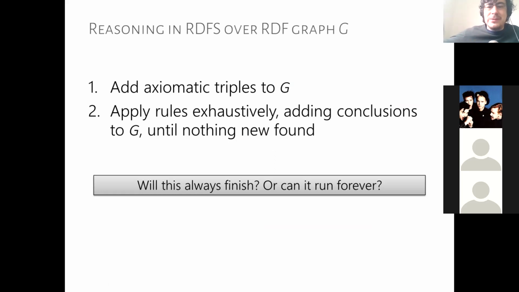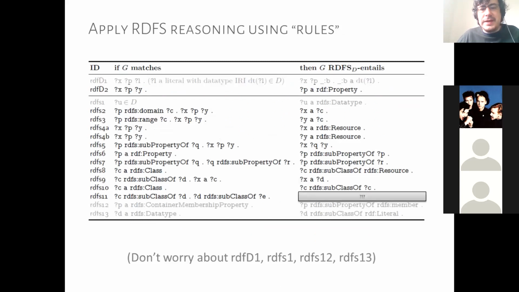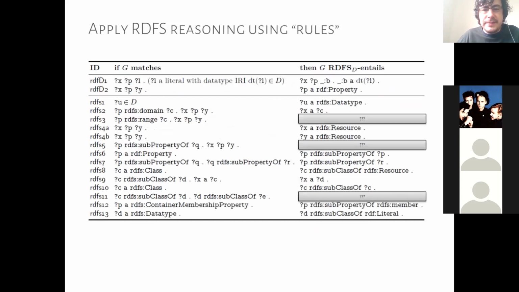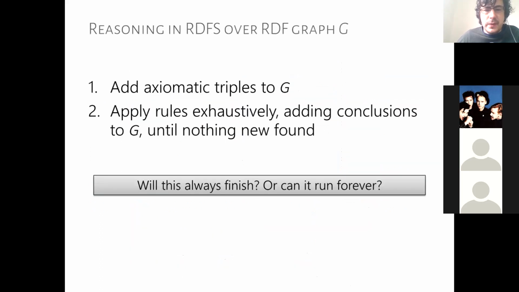So we just keep applying rules and applying rules and applying rules until we don't find any new triples. Okay, so we add these triples to our input RDF graph, and then we apply these rules recursively until we don't find anything new. Okay, so this is how we apply reasoning for RDFS.